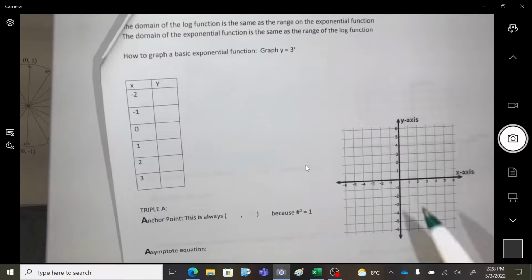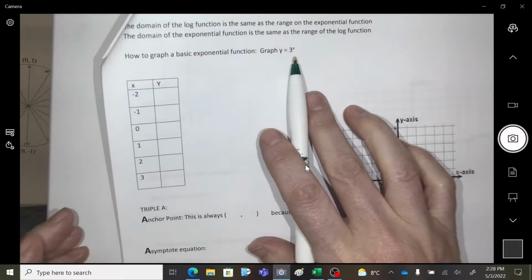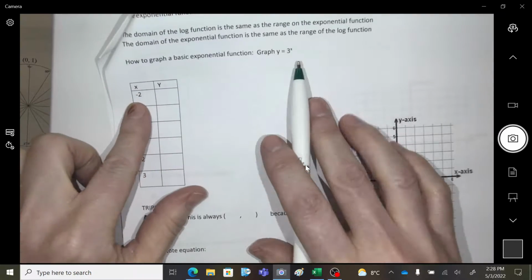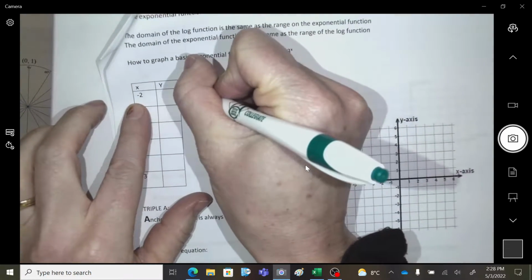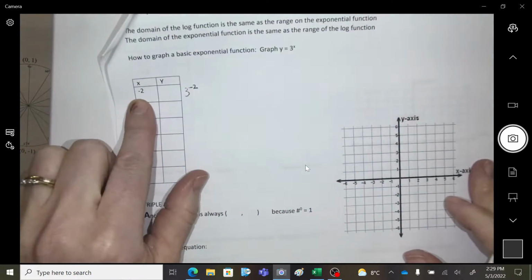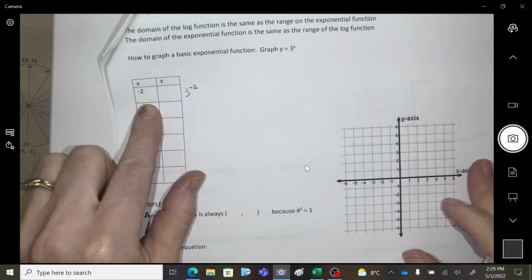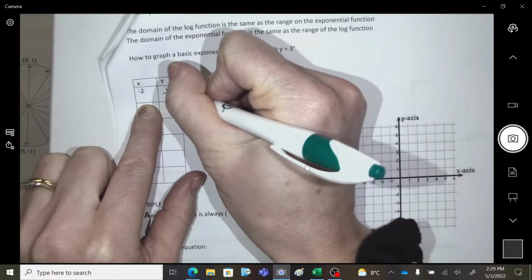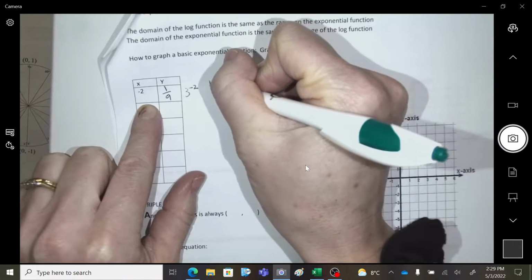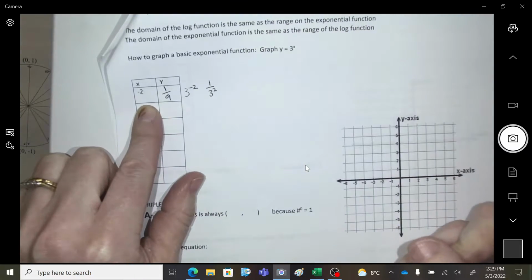So when I graph, I'm going to do 3 to the... what is 3 to the negative 2? 3 to the negative 2 is 1 over 9, because it's the same as 1 over 3 squared, right?